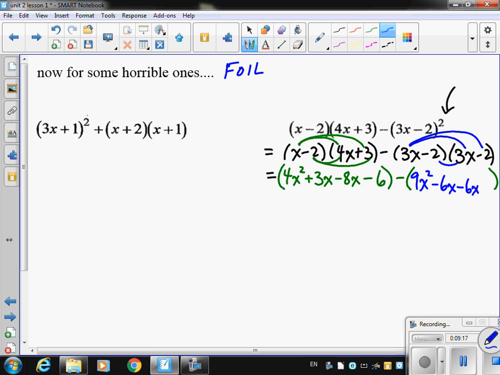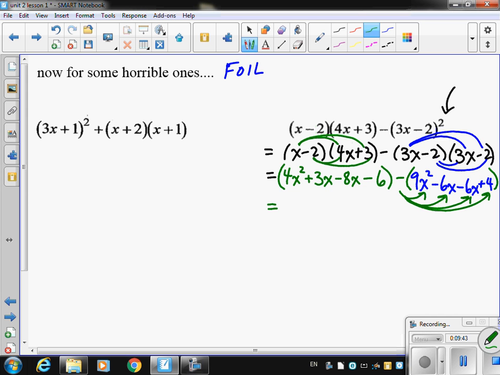And lasts would be negative 2 times negative 2, which is positive 4. The reason I put this in brackets is the first pile doesn't matter so much, but the second pile is subtract everything that comes after. So I'm going to be subtracting all of this from the second multiplication.